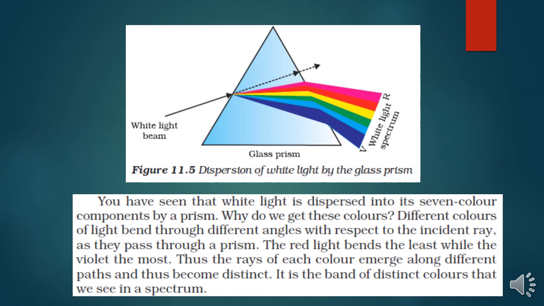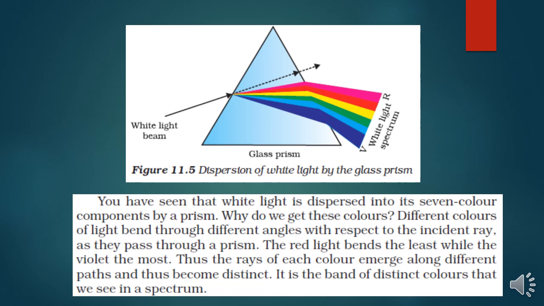As I said, white light gets dispersed or divided into 7 colors by a prism. The reason behind it is that as this white light is made up of 7 colors, when they enter from air to prism, that is from rarer medium to denser medium, different colors undergo different bending.